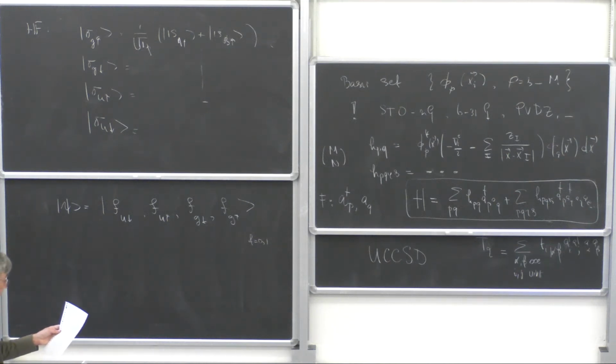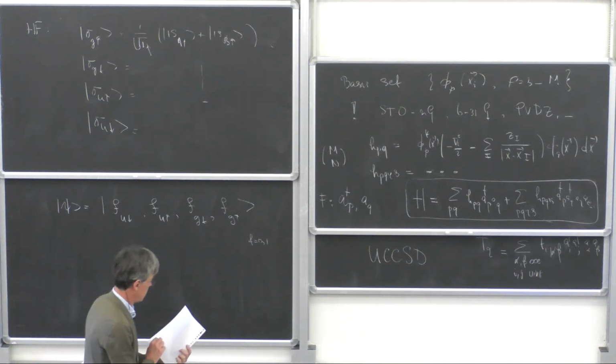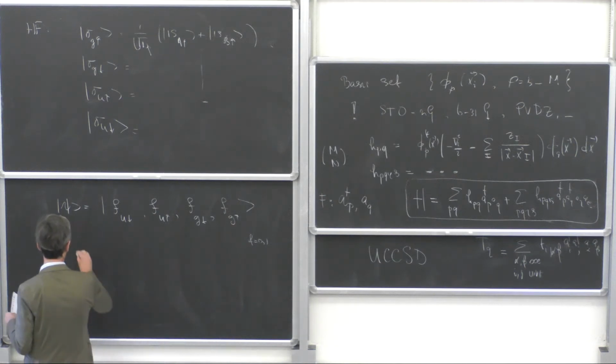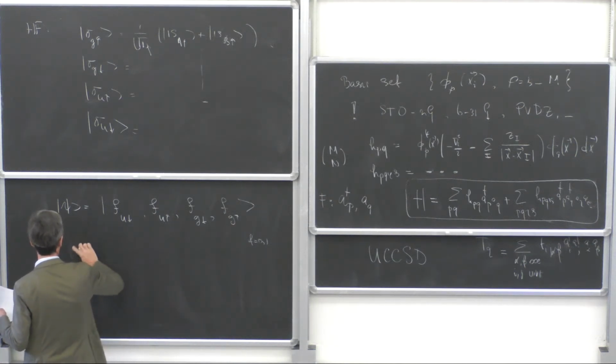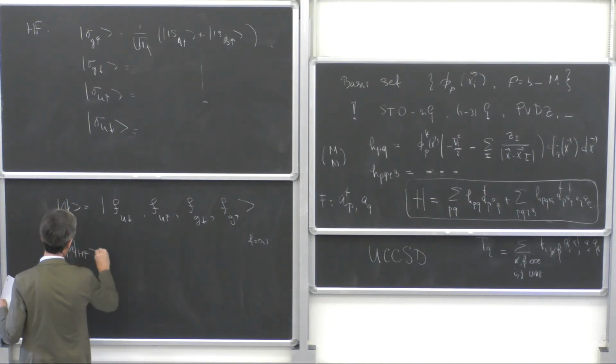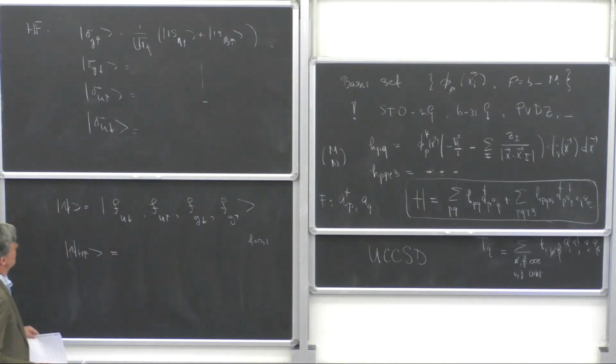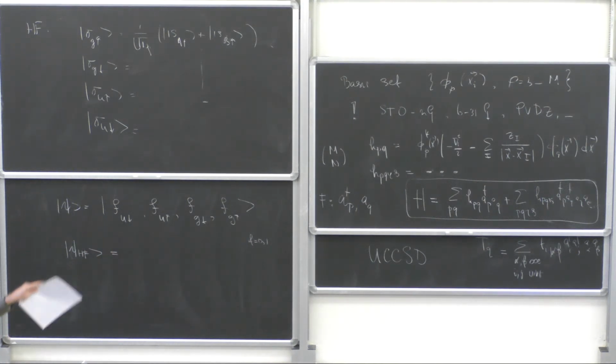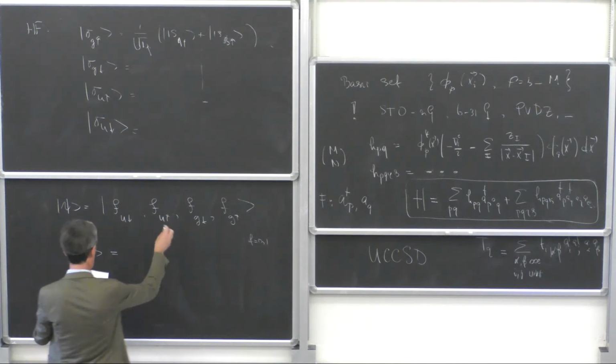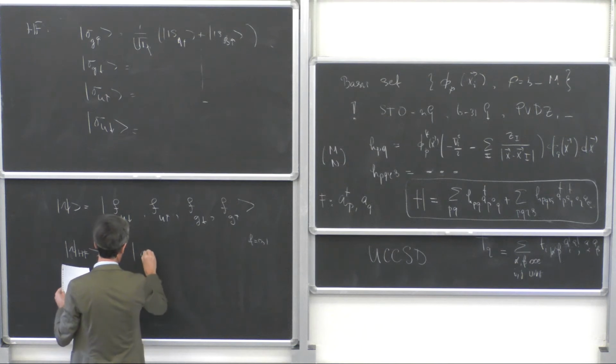And now comes the Hartree-Fock state in this basis notation. You achieve it as a single Slater determinant of those orbitals. Namely, you fill the gerade and leave the ungerade empty, so you use the two g's. In this notation, it would look like 0, 0, 1, 1.